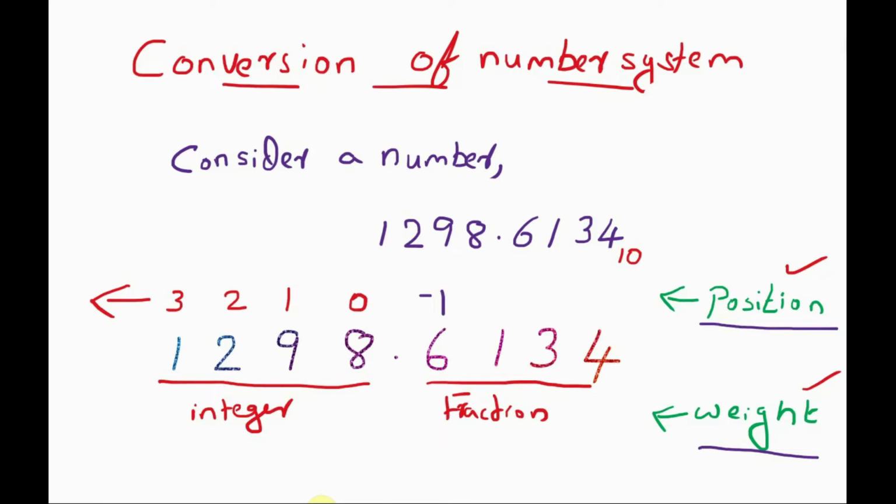Not only in the case of decimal, in the case of binary, hexadecimal, octal, the same positions apply. So for the fractional part, the position starts from -1, then -2, -3, -4, and it goes on decreasing while moving to the right.